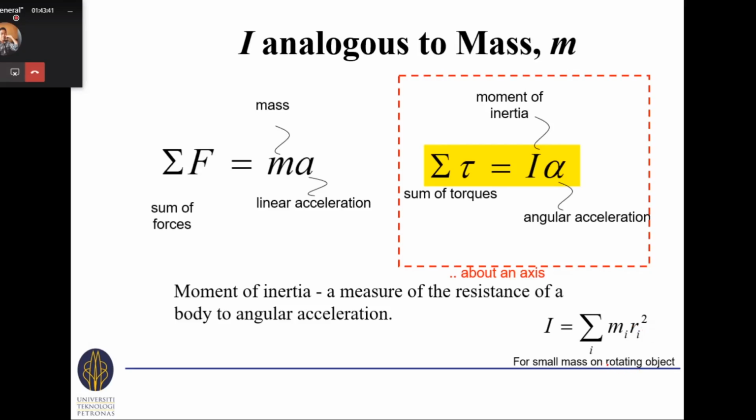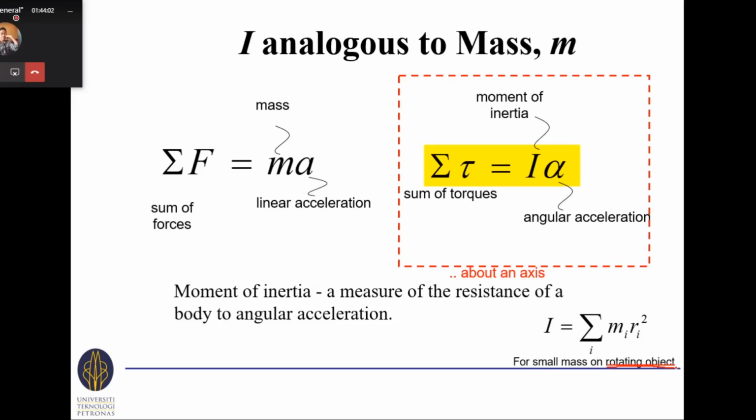But the rotating object depends on the shape of the object itself. If you try to rotate a ball and if you try to rotate a book, basically they are different.